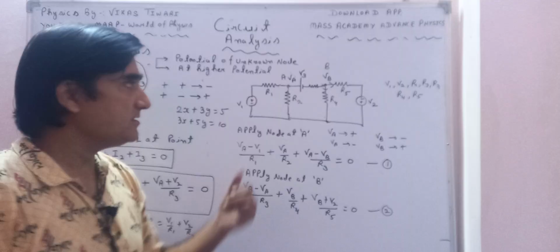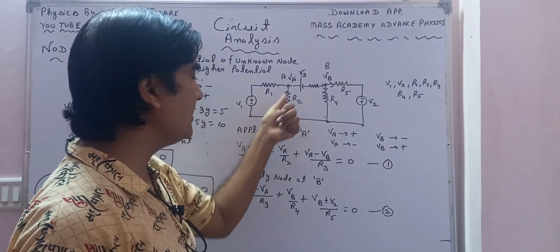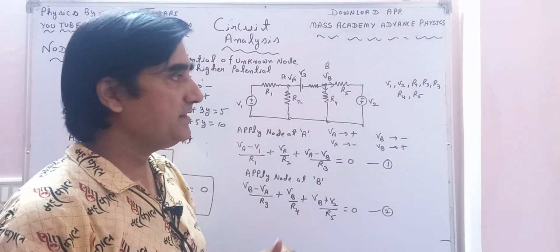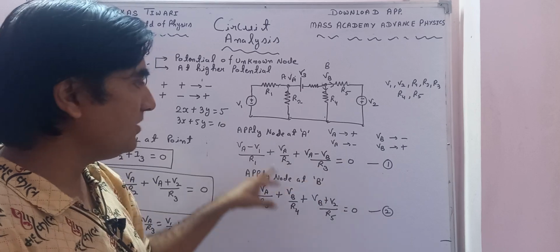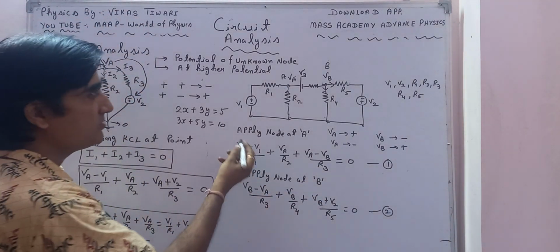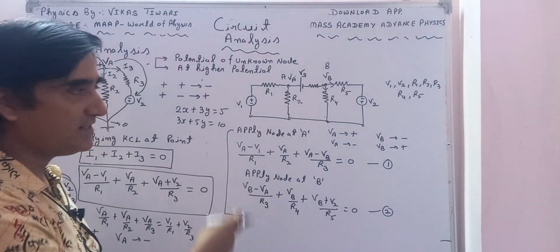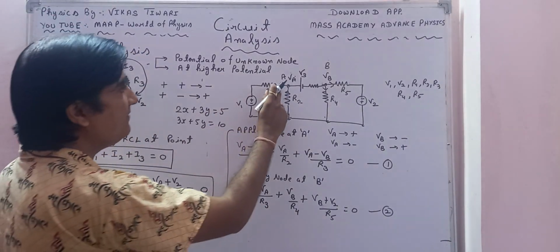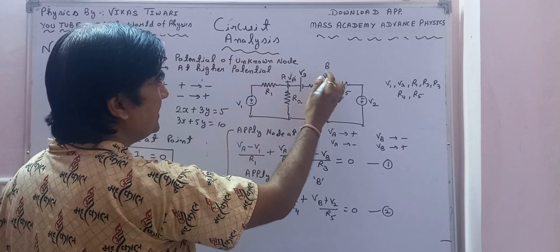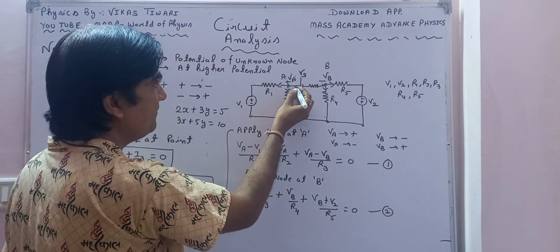So if we take this particular battery V3, what is the change in these two equations? That I am going to tell you. When I am applying at node A, just see the change. VA is taken as positive and VB is taken as negative, so current will flow like this.